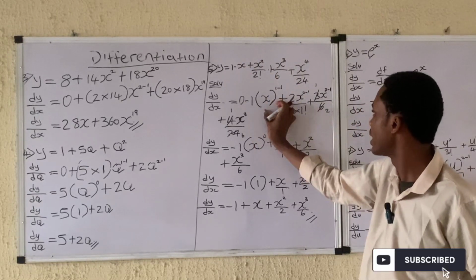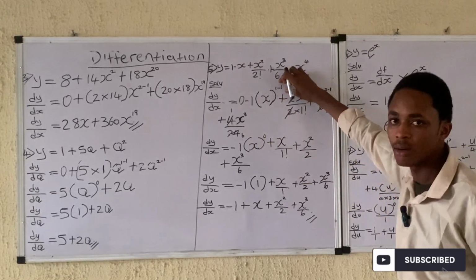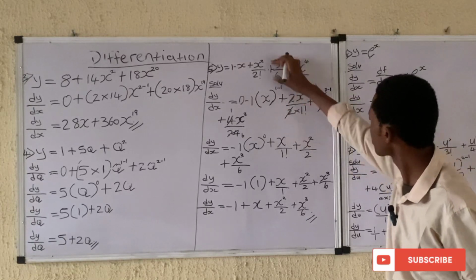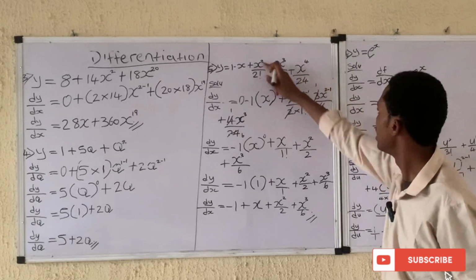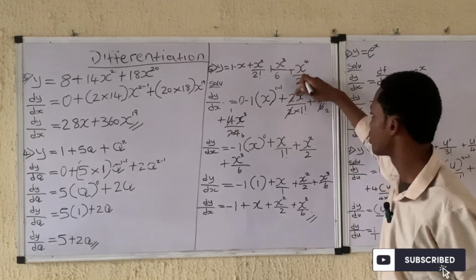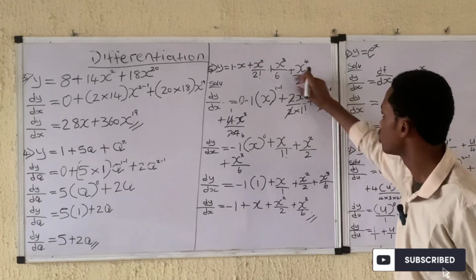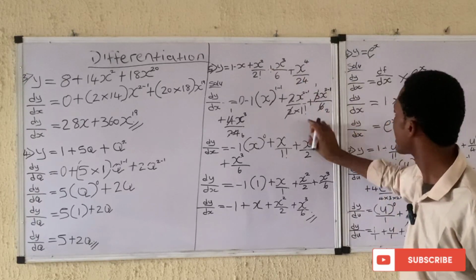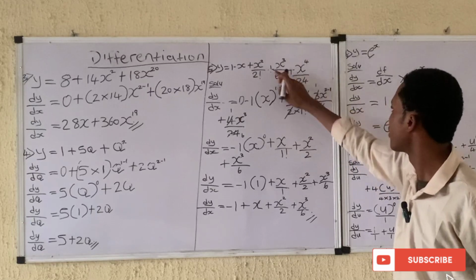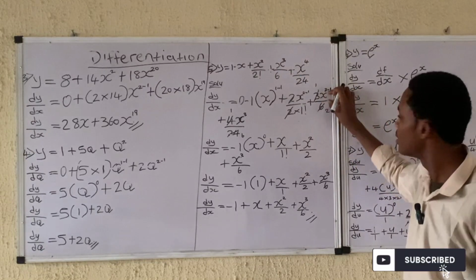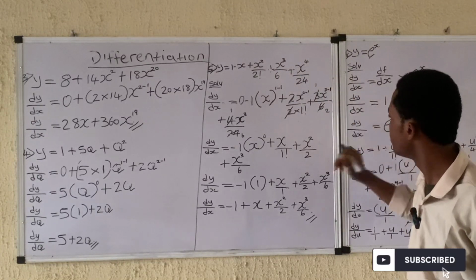The variable, which is the x. Remove 1 from the power, 1 minus 1. Plus, now differentiate the numerator, x to the power 2. Bring the power to the front, which is 2, x, 2 minus 1. Now plus, x to the power 3. Bring the power to the front, which is 3, x, 3 minus 1.